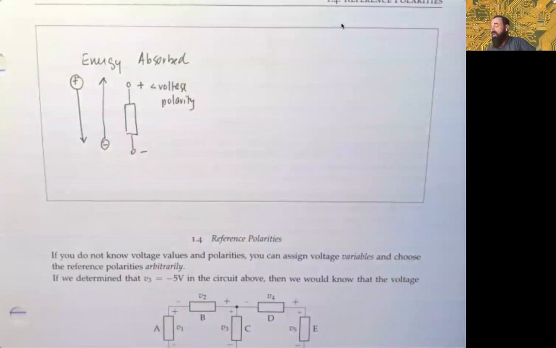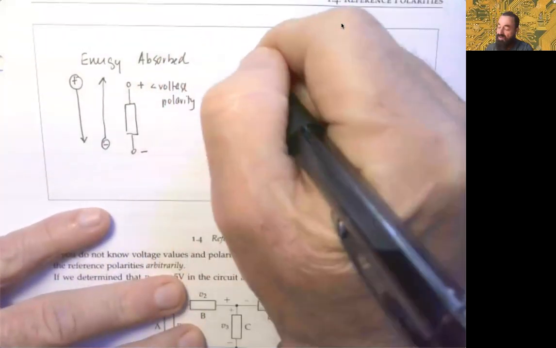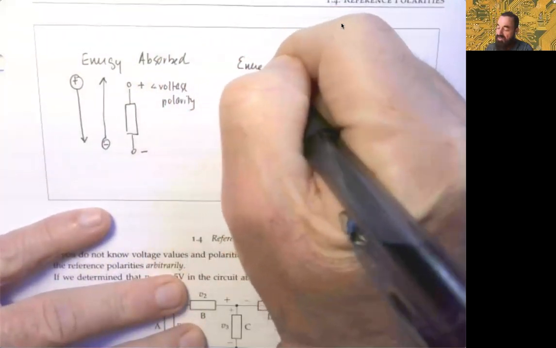If you have a net positive charge flowing into the positive polarity of the voltage, then you're absorbing, or you have a negatively charged net flow coming through the negative polarity of the voltage. So energy is delivered, or supplied, in the other scenario.